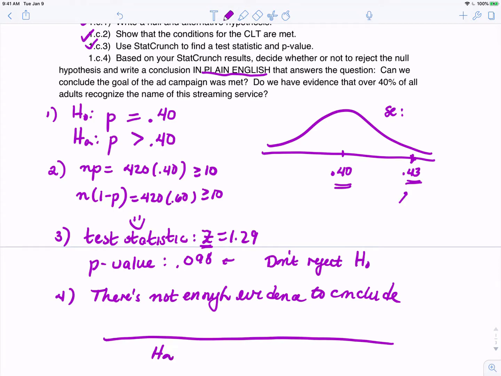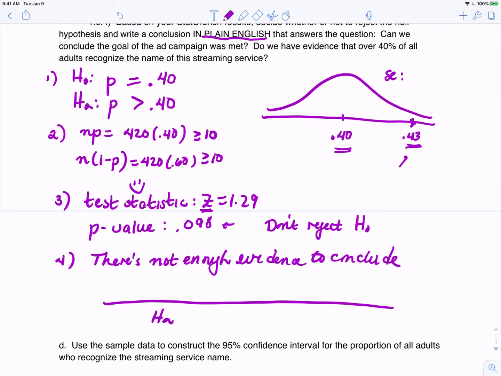You've seen this hopefully in the guided notes that I provided, but it always is about the alternative hypothesis. So there's not enough evidence to conclude, and here you write the alternative hypothesis in plain English. No statistical jargon, something that anyone can understand. So this is our alternative hypothesis.